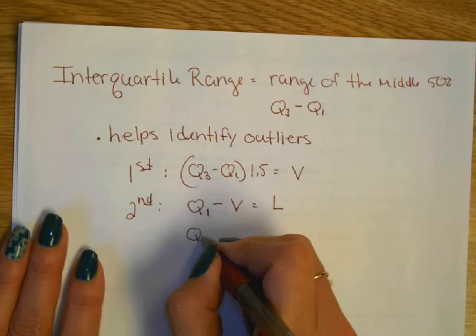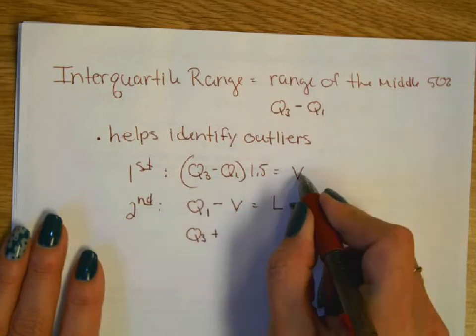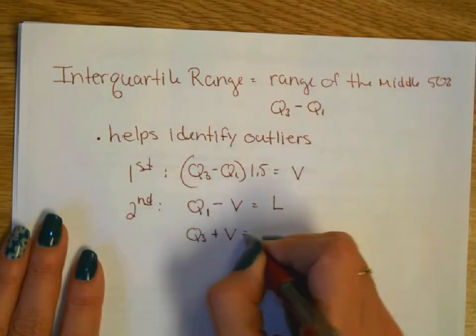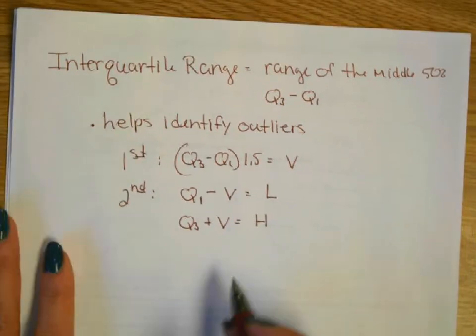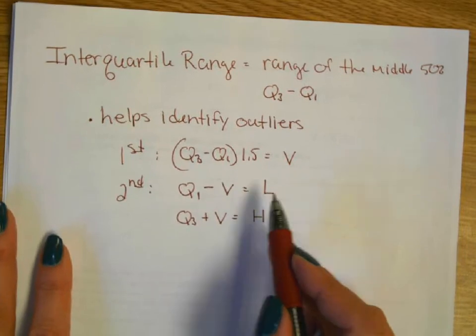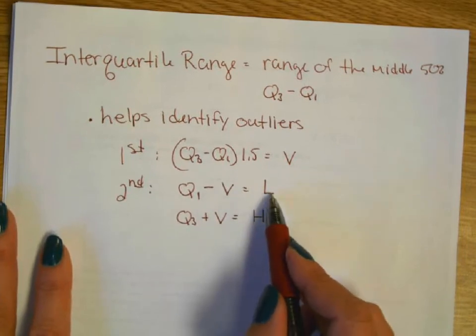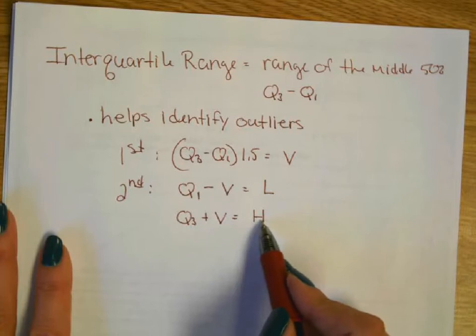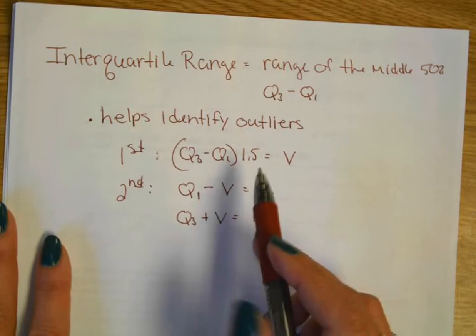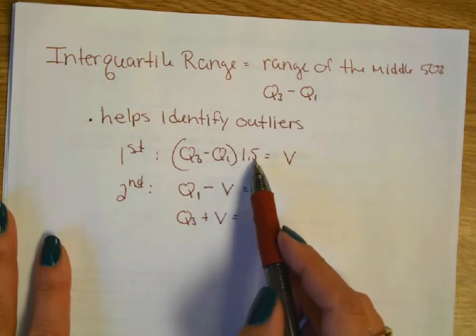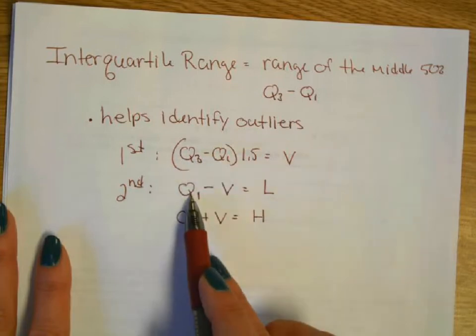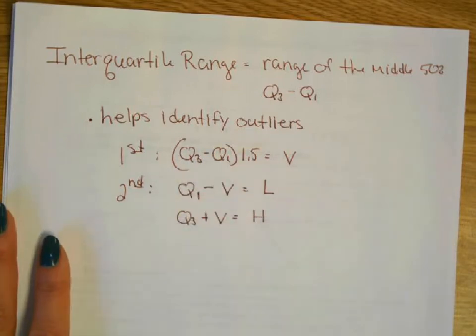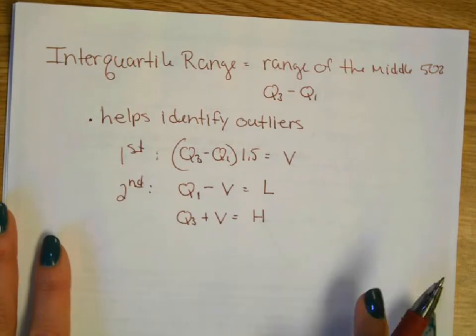Then take your Q3 value and add this V to it. It's going to give us a number on the high end. And what happens is if we have any data values that are lower than this low or higher than this high, those are considered outliers. So if they're more than 1.5 times the interquartile range away from the quartiles, then they are considered outliers.